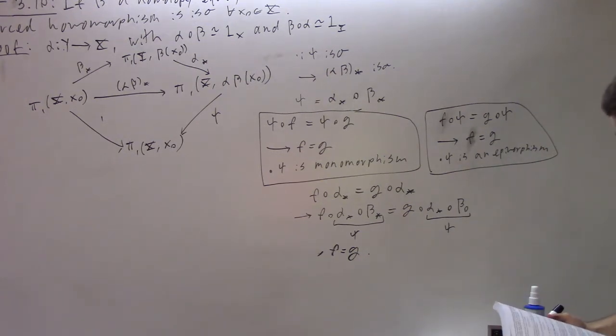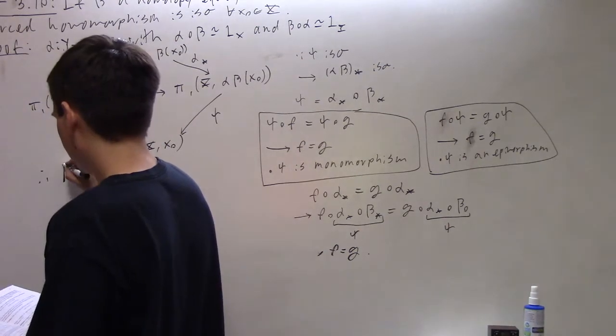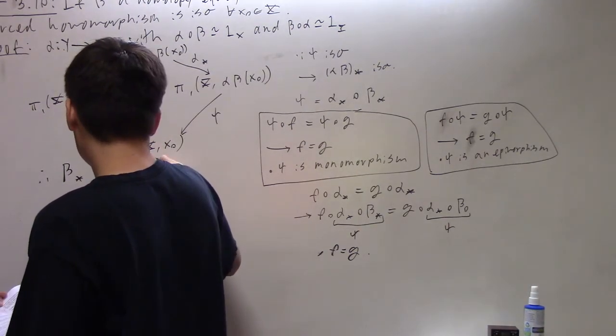And also they say a similar diagram arising from beta alpha homotopic to the one on Y shows that beta star is surjective. Therefore, beta star is an isomorphism.